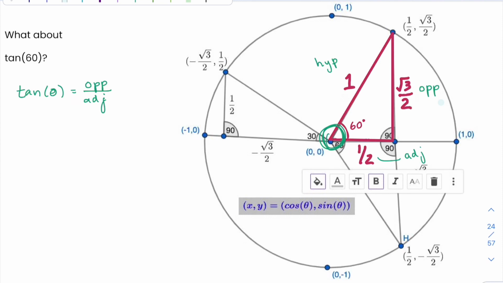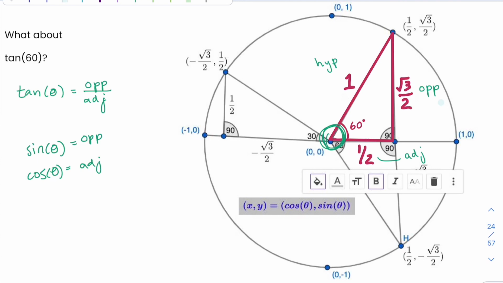So in this situation, remember what we just saw was that because the hypotenuse is 1, sine of theta is opposite over hypotenuse. But again, the hypotenuse is 1, so dividing by 1 doesn't do anything. That goes away. Cosine of theta is adjacent over hypotenuse, but again, hypotenuse is always going to be 1 on the unit circle. It's the whole point.